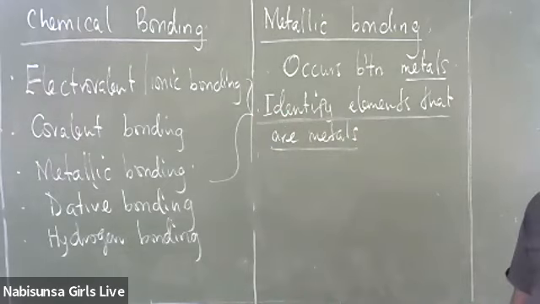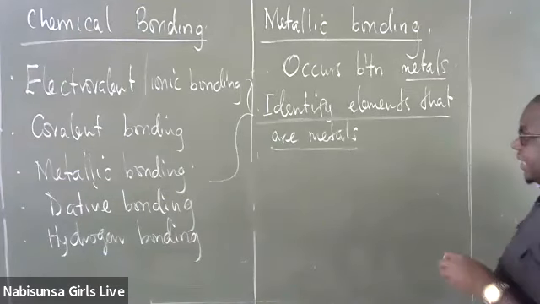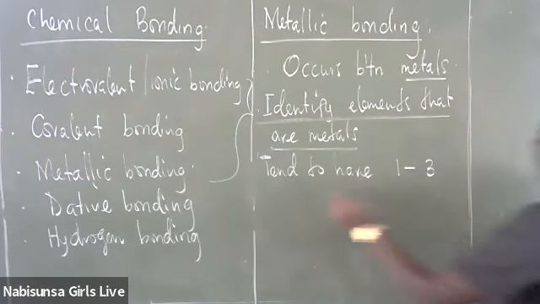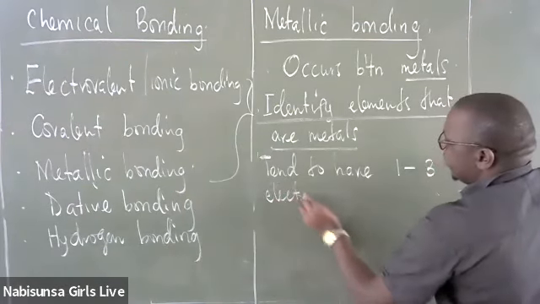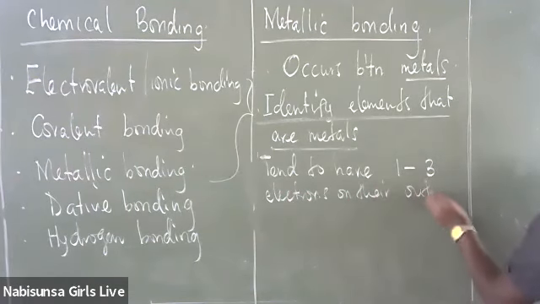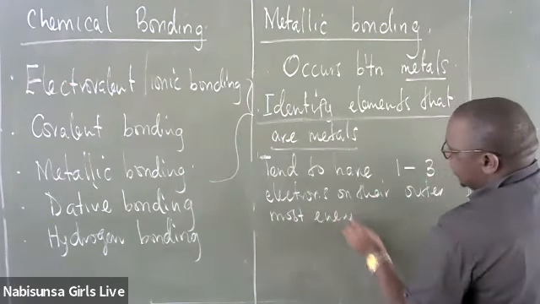The easiest way to identify elements that are metals is this: always after writing their configurations, metals tend to have one to three electrons on their outermost energy level.